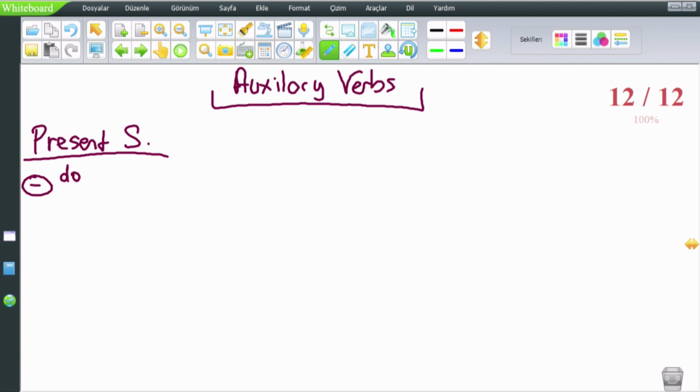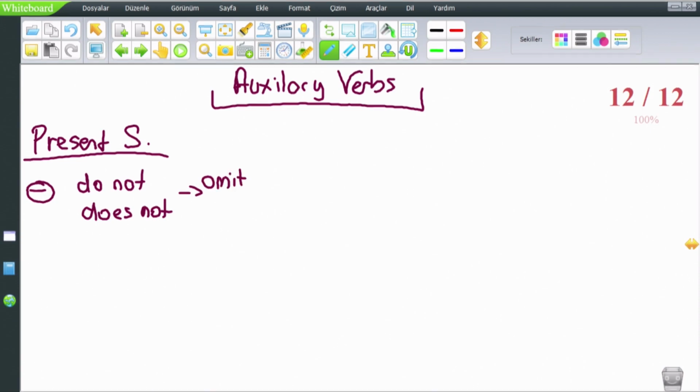So, let me write it again. You have to look at the negative form in that tense, first of all. Do not and does not. You are going to omit not, and you are left with do and does.